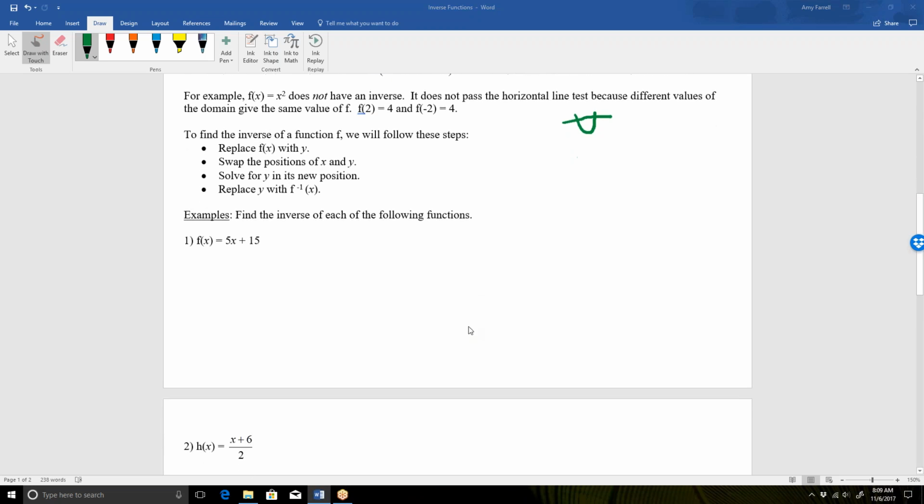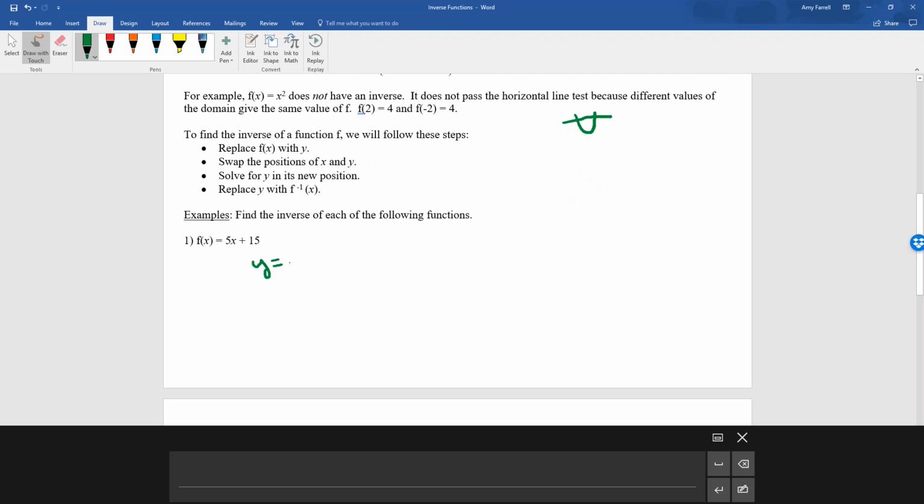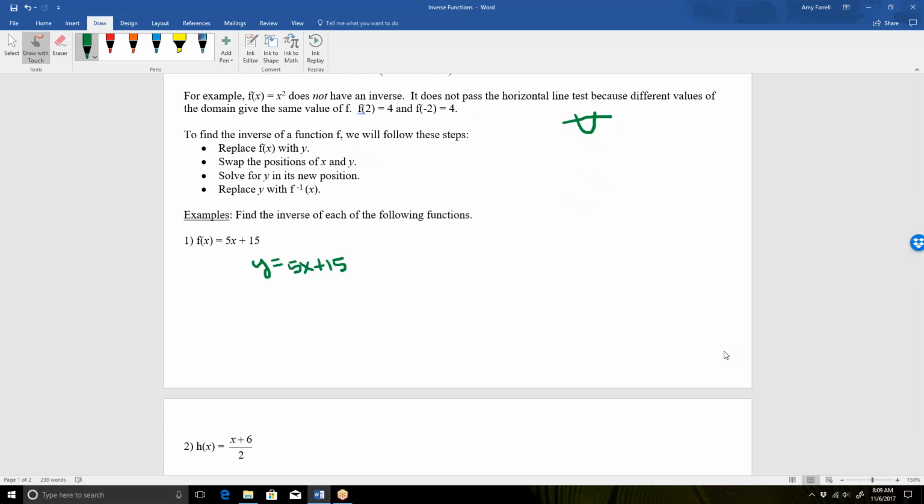Okay, here we go. Step 1, that first bullet point says to replace f of x with y. So I'll have y equals 5x plus 15. Then we're going to swap the positions of x and y, and we take nothing with them, no coefficient, no exponent, anything.